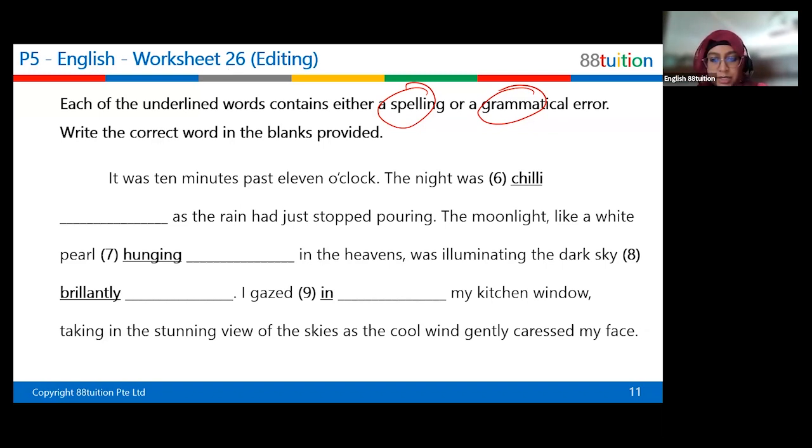Just 6 till 9. Everyone, type in your answers in the chat. 6 till 9. You have 1 more minute.